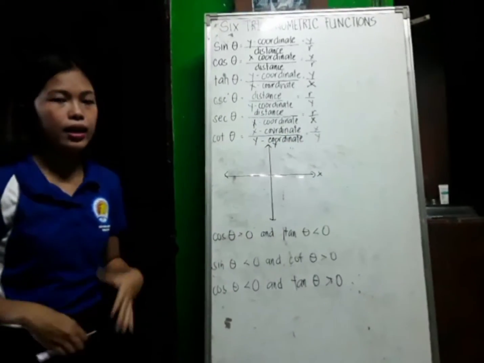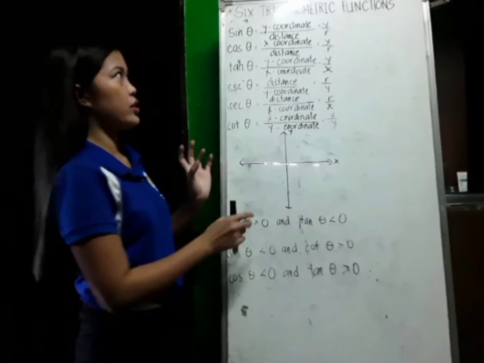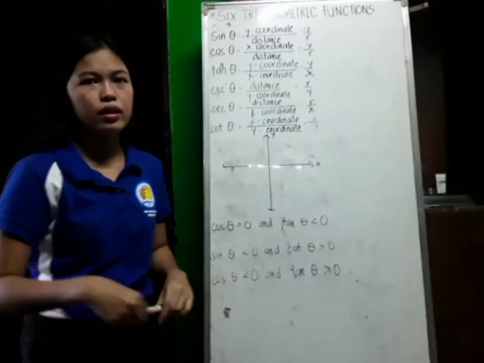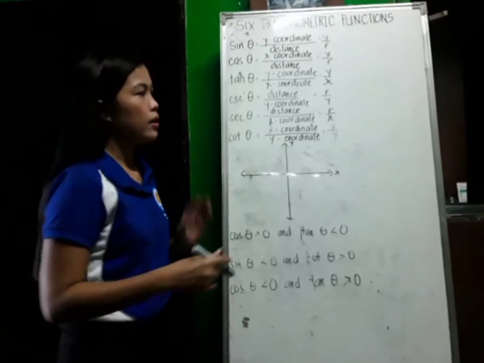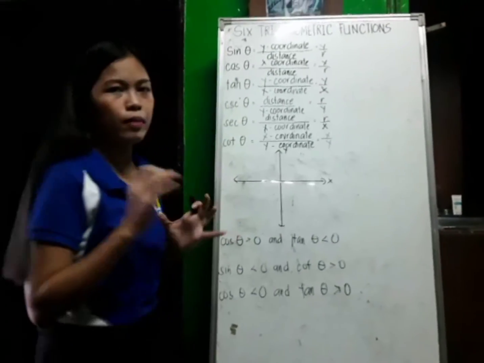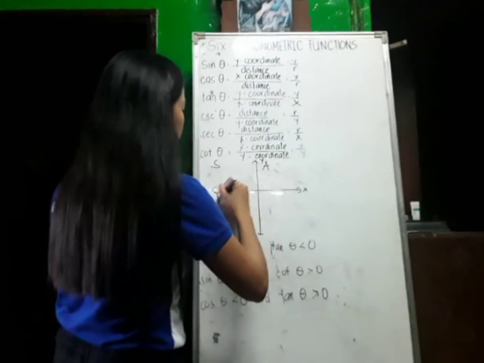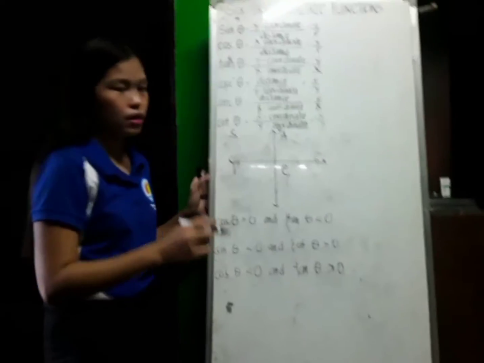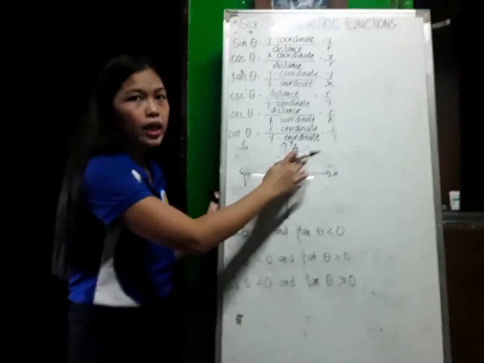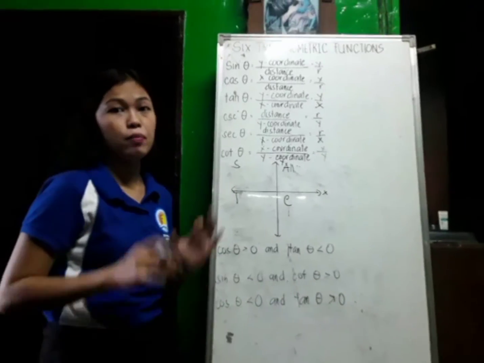For the next one, we're going to determine in which quadrant these six trigonometric functions can be found. So remember this line: all students take calculus. In quadrant 1, all the six trigonometric functions are positive.